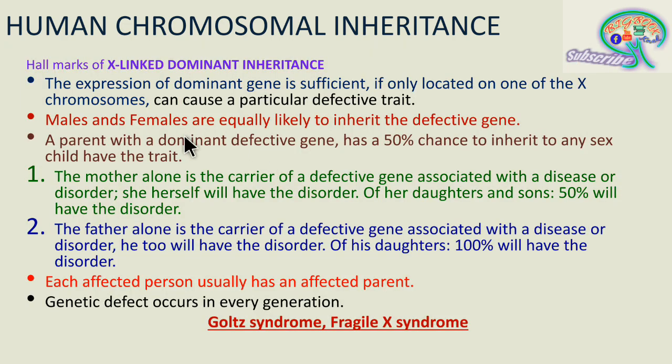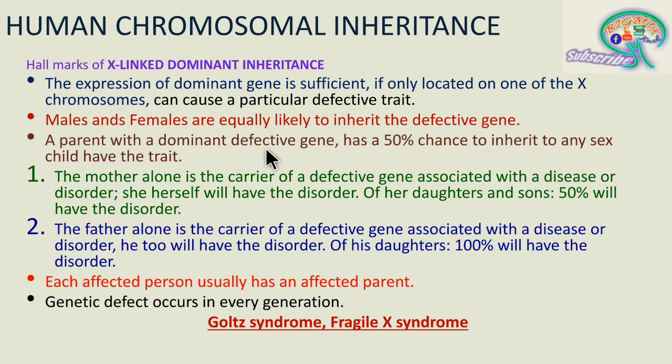And this is the X-linked dominant inheritance. Here, as we have discussed about the autosomal dominant, the same points are going to hold good here also. That is, one allelic form of the gene is sufficient for the expression out of the two. Men and females are equally likely to inherit the defective gene. That is also the same.